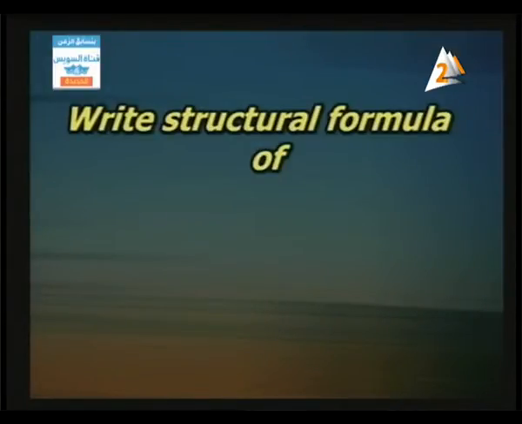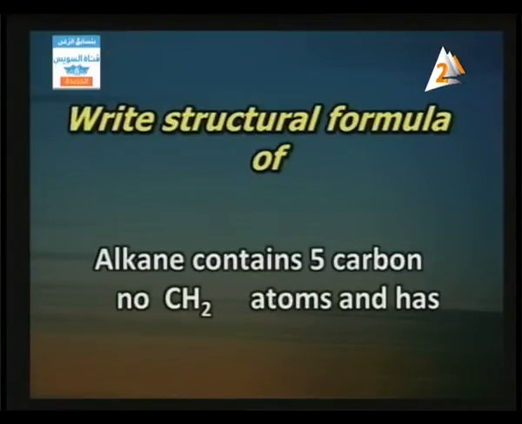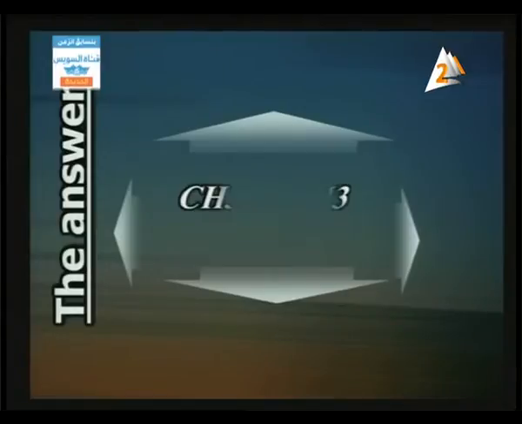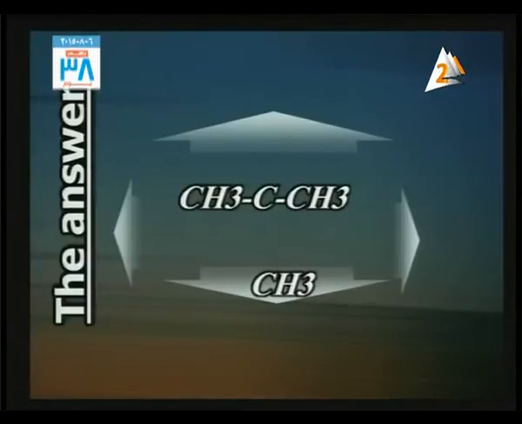This question is about writing the structural formula. Structural formula for what? We have many things, so take care. The first one: an alkane containing 5 carbons, with no CH2 groups, and it has CH3 groups. See the answer now. The answer is CH3 bonded with C and another CH3.